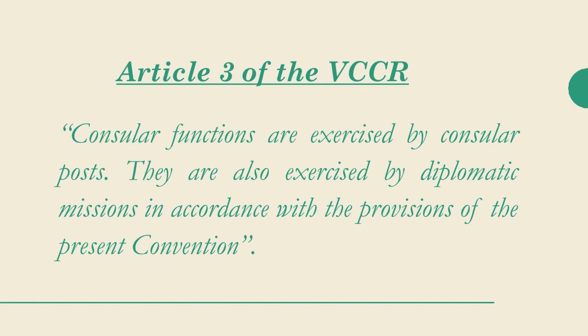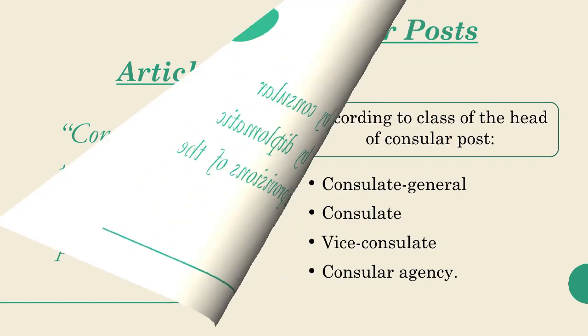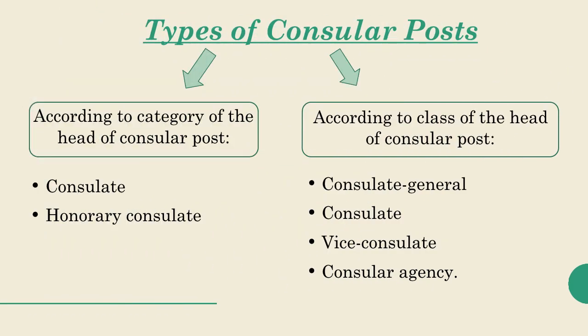According to the Vienna Convention on Consular Relations, there are different types of consular posts. The first classification relates to the category of the head of consular post. In accordance with paragraph 2, Article 1 of the Vienna Convention on Consular Relations, consular officers are of two categories, namely career consular officers and honorary consular officers.